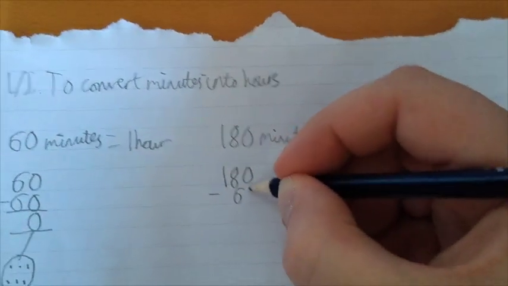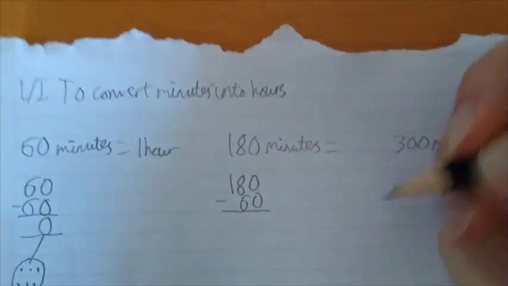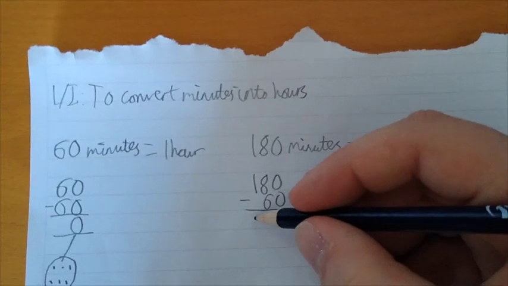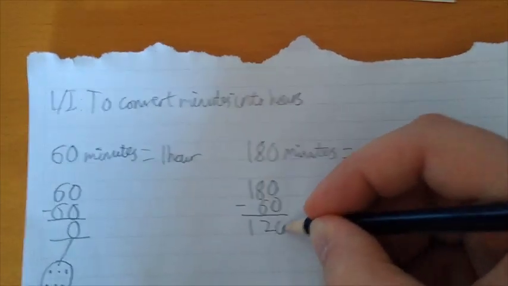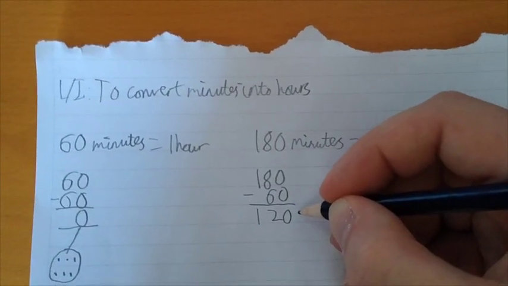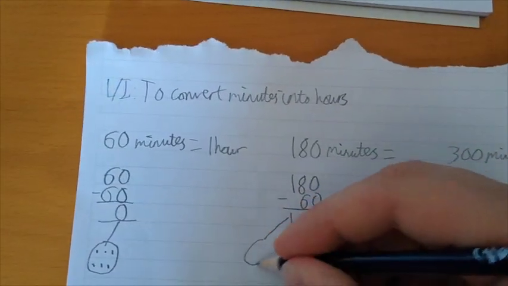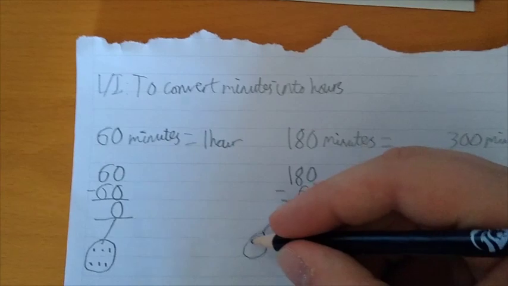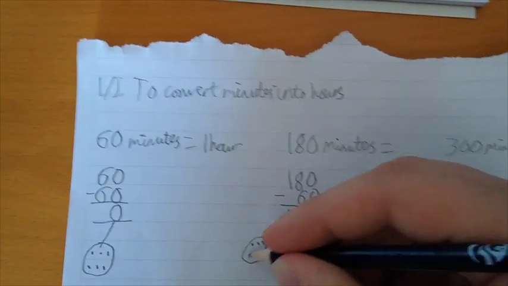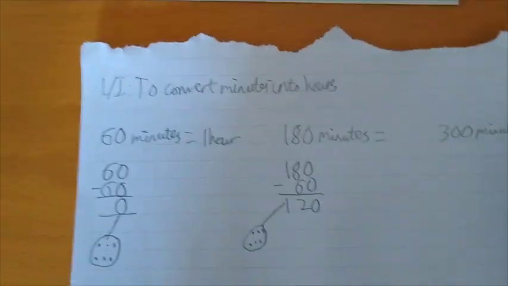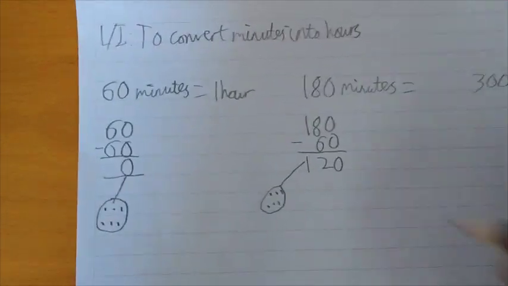So let's take 60 away from here. And from that, we have 120 minutes left. So that gives us, as we've taken away 60, our first bubble, which has 60 minutes in. So we have 1 hour so far.